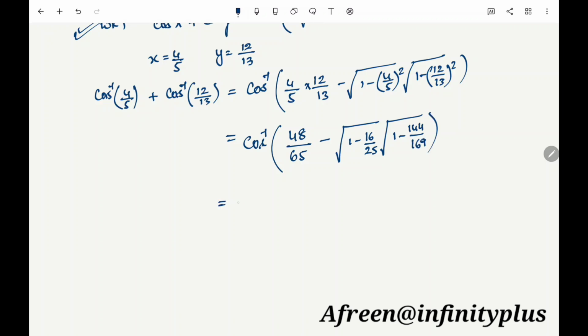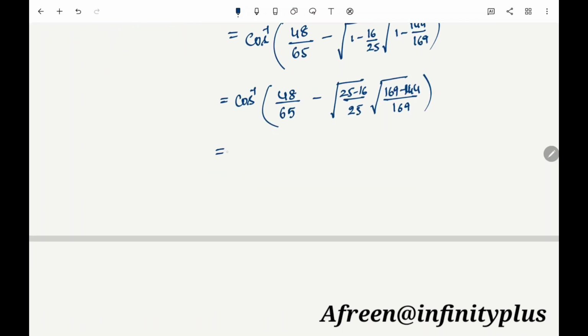Now again simplify it as cos inverse of 48 by 65 will remain as it is, minus, taking the LCM for both of them, what you will get is root of 25 minus 16 by 25 into root of 169 minus 144 divided by 169.